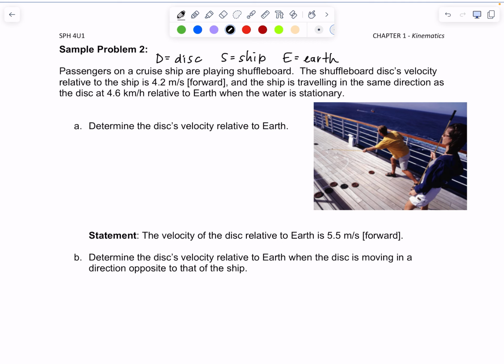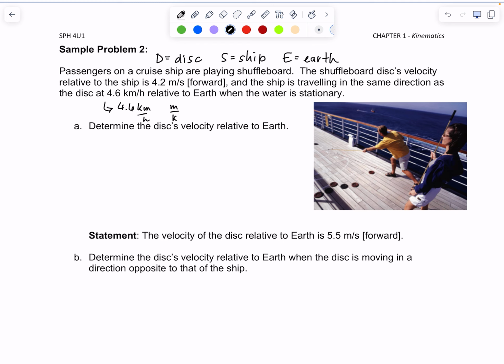The other thing I want to do is convert 4.6 kilometers per hour into meters per second. So I want to get rid of the kilometers, and in the place of kilometers, I want meters.